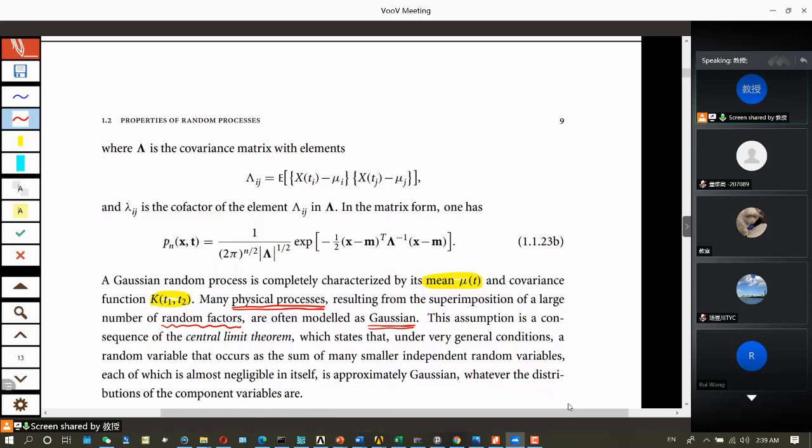This assumption is a consequence of the central limit theorem, which states that under very general conditions, a random variable that occurs as the sum of many smaller independent random variables, each of which is almost negligible in itself, is approximately Gaussian, whatever the distribution of the component variables are.